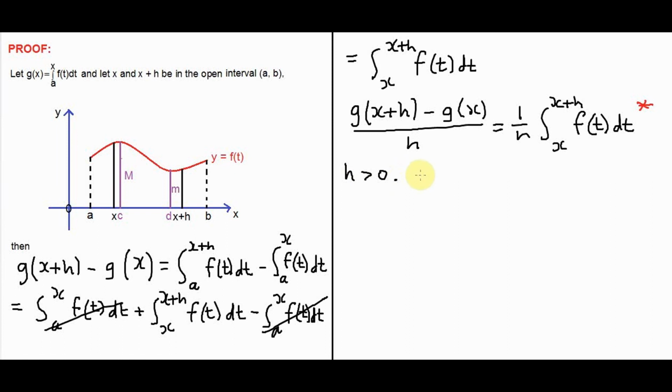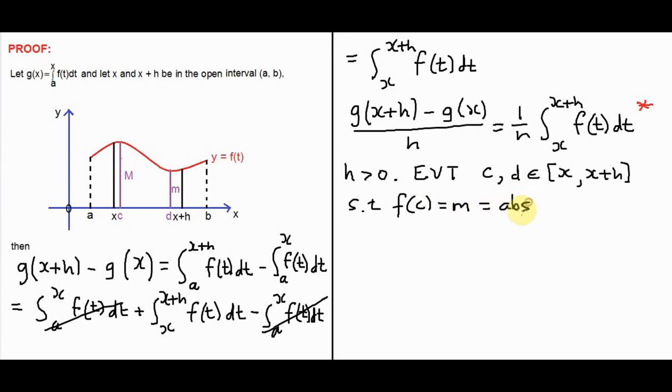Since f of t is continuous on the closed interval from x to x plus h, by the extreme value theorem, there exist numbers c and d in this closed interval from x to x plus h such that f of c, which we can call small m, is the absolute minimum of f on this closed interval.